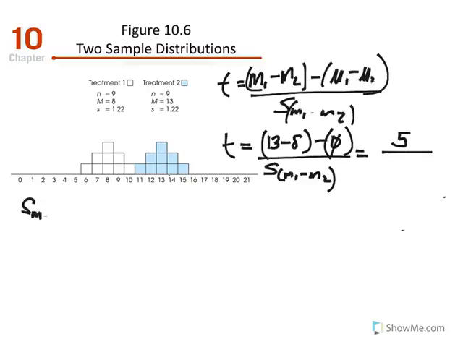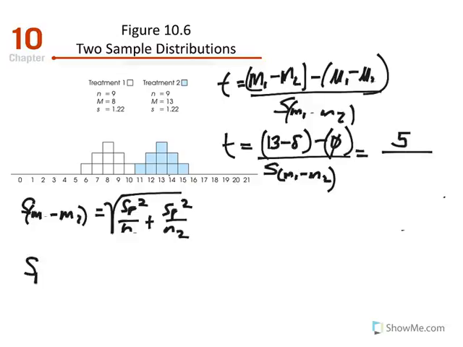So our estimated standard error of the mean is equal to the square root of our pooled variance over n1 plus pooled variance over n2. So now we need to calculate our pooled variance, and to do so we need to take into consideration what variables were provided.